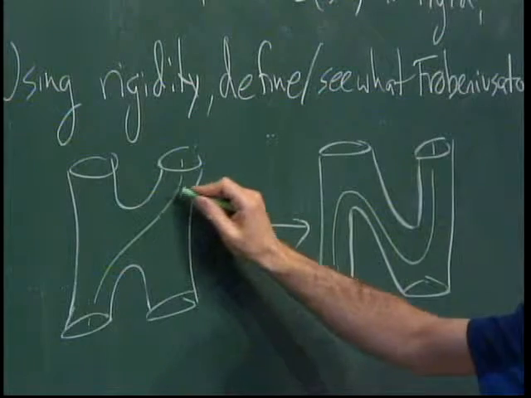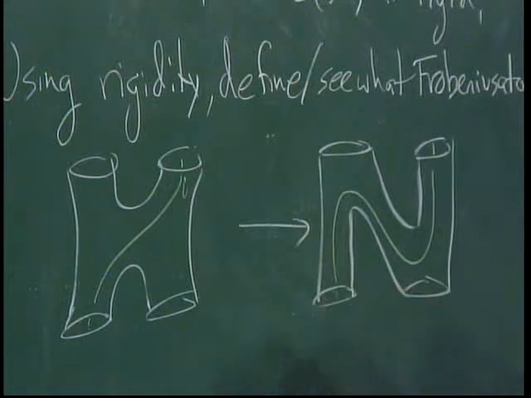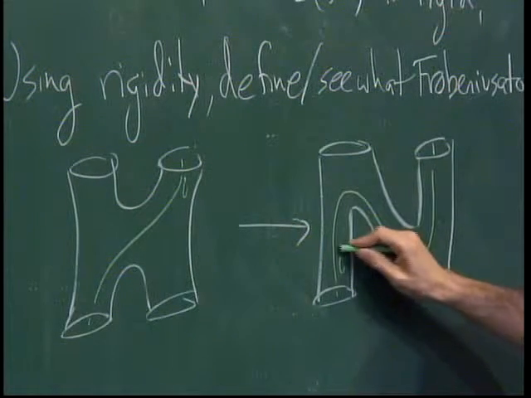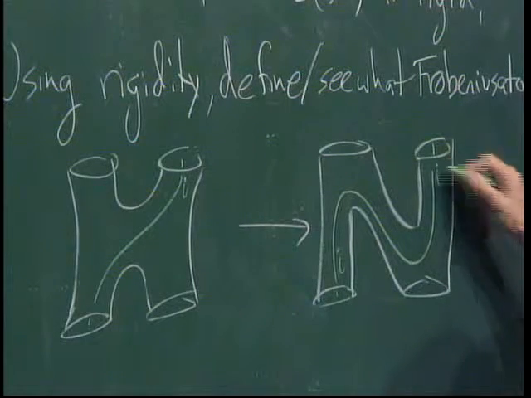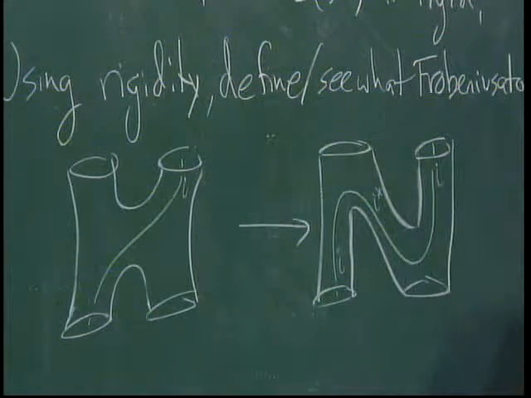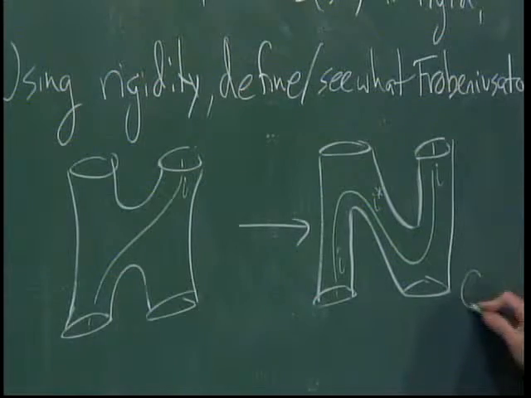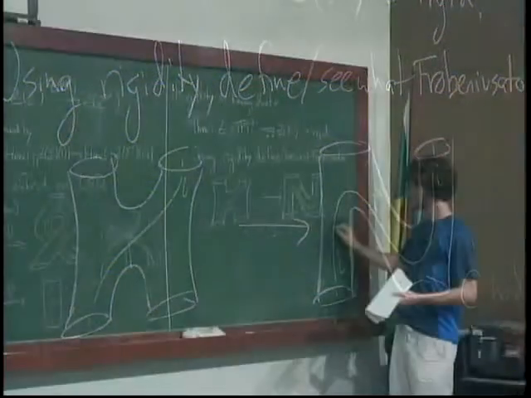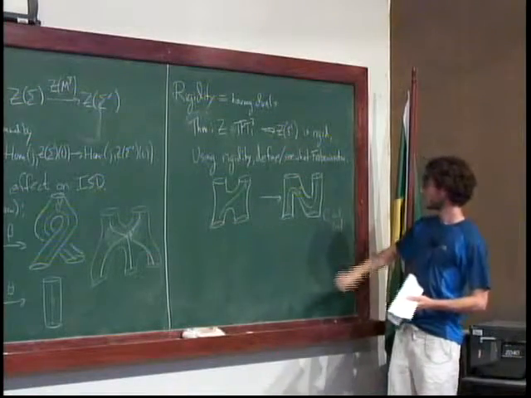So what are the labels? This whole string is labeled by I, and so this one's labeled by I, and this one's labeled by I, but this string here is I dual, and so that's why I needed to know that my category C had duals in order for this to even make sense.